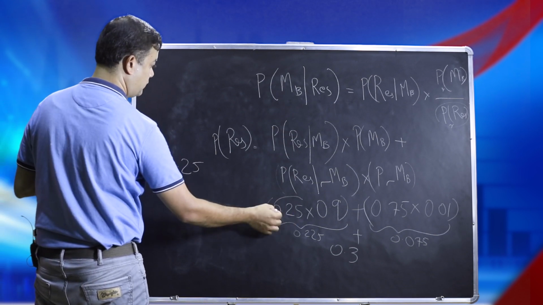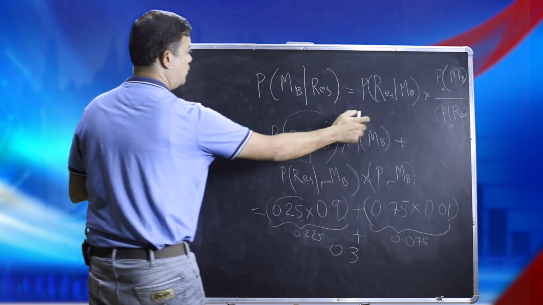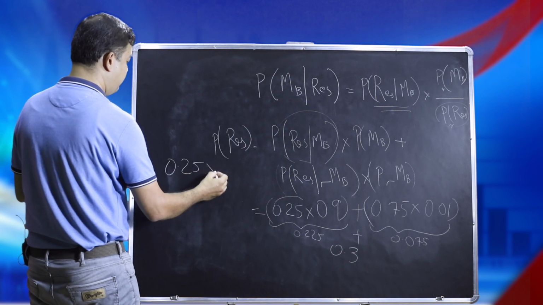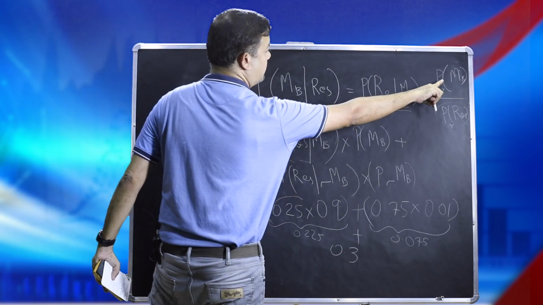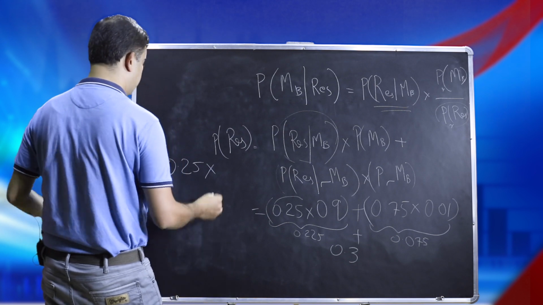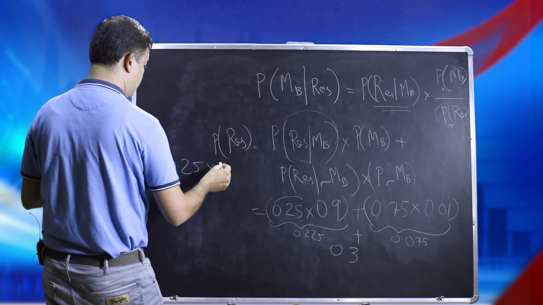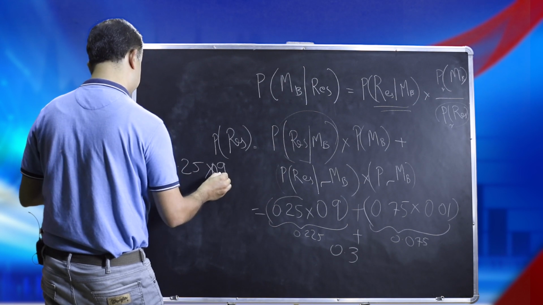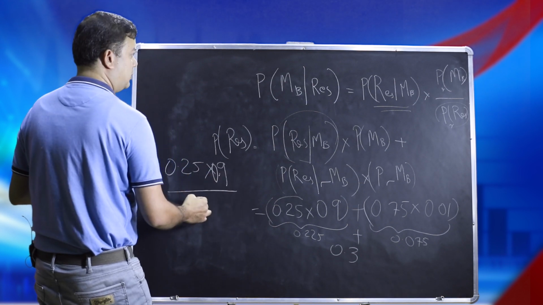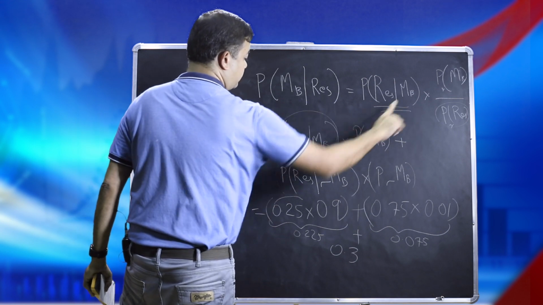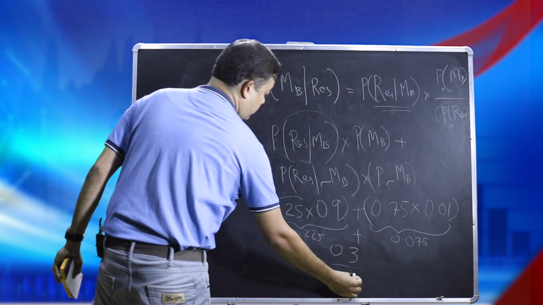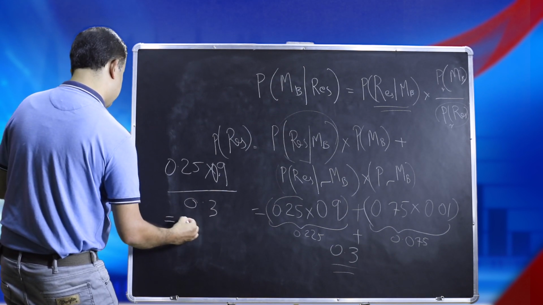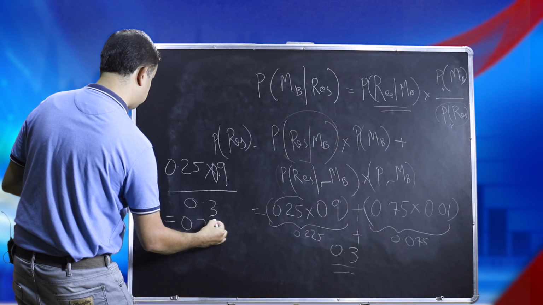As you see, this 0.25 is nothing but the likelihood, 0.25 multiplied with the prior probability of middle berth, which is 0.9. So 90% people, right? This is nothing but 0.9 divided by the denominator, the probability of reservation that we just calculated, that is 0.3.